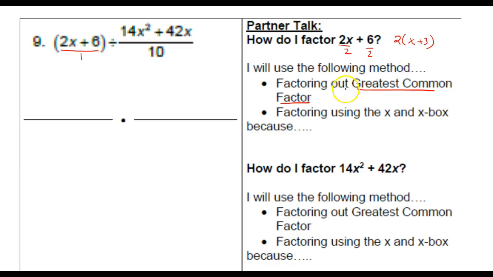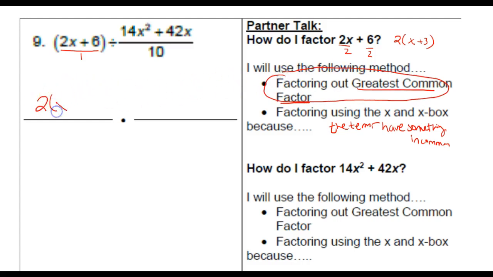The reason I'm using greatest common factor is because the terms have something in common. So that would be 2 times x plus 3 over 1.